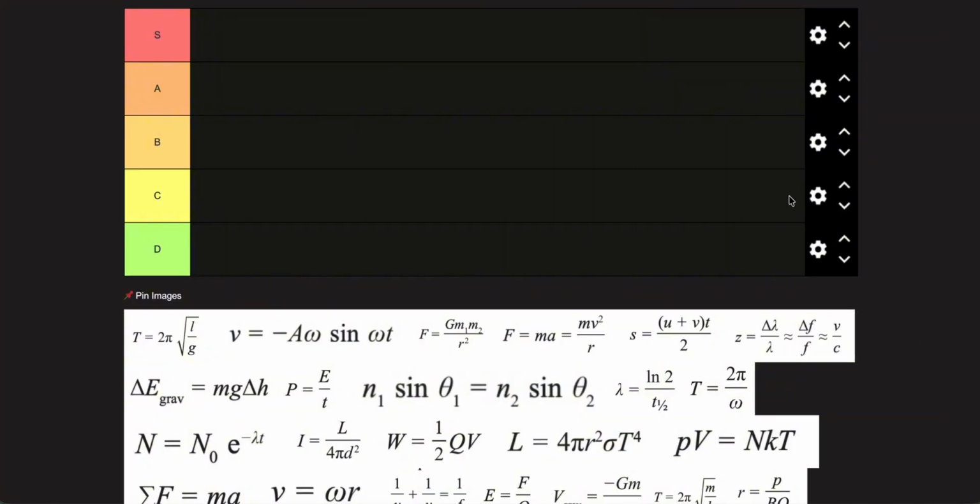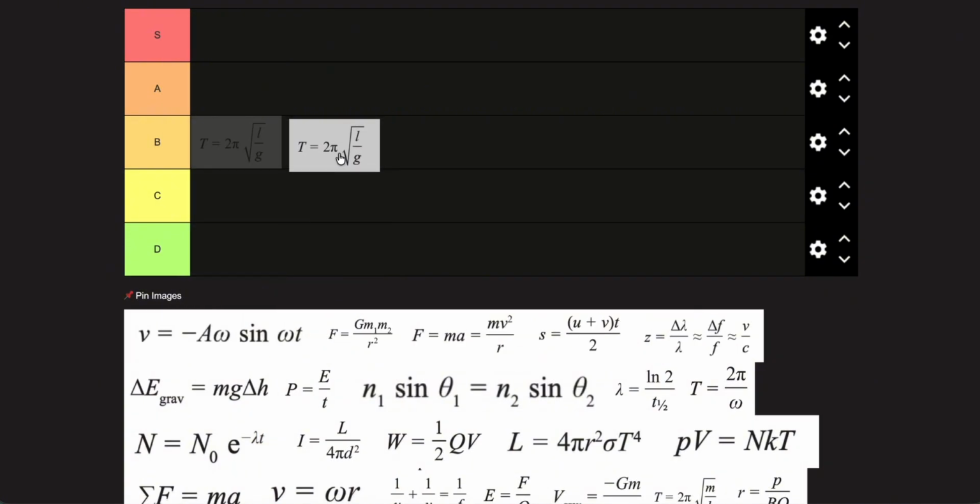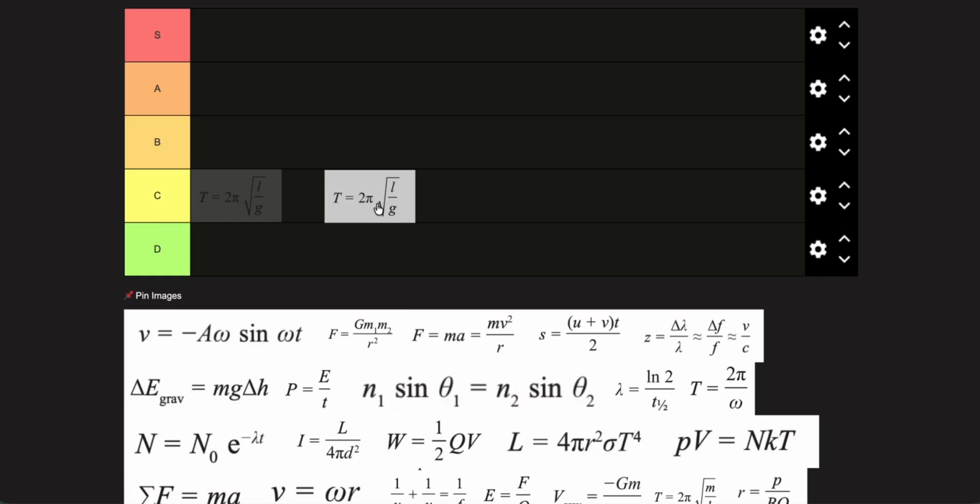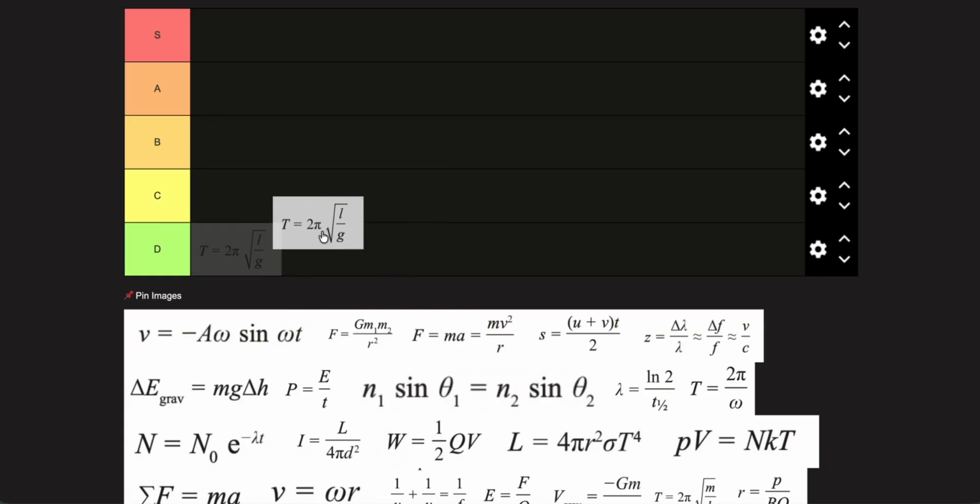So here's the tier list. We will have the S, like the supreme, I guess, the best of the best equations. And then we have A, B, C, and D. And we'll start with the formula that gives you the period of the oscillation of a simple pendulum.